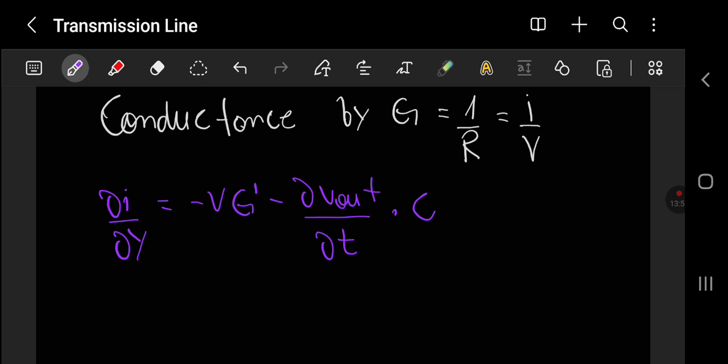And again, the negative sign represents the opposition seen by the current.